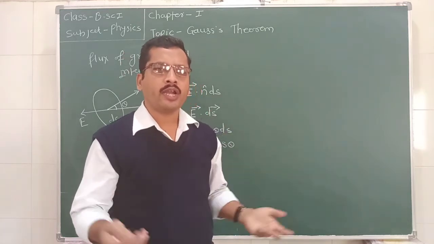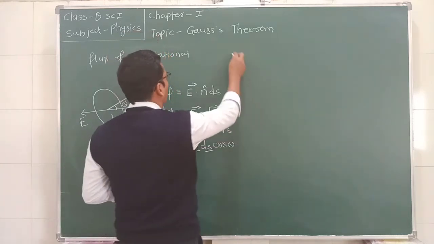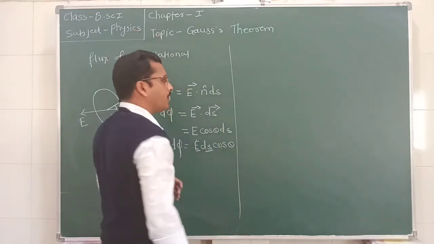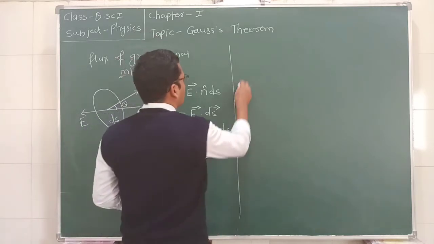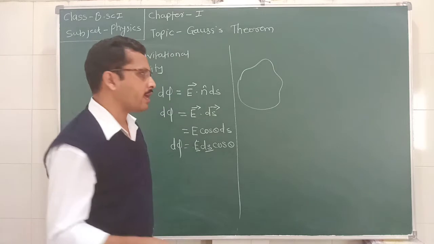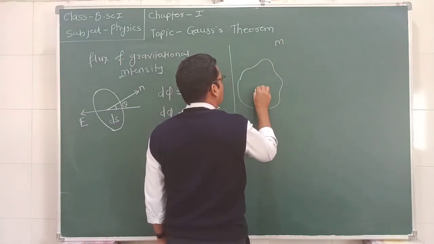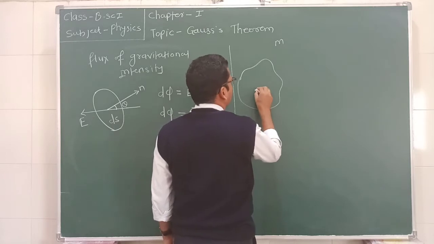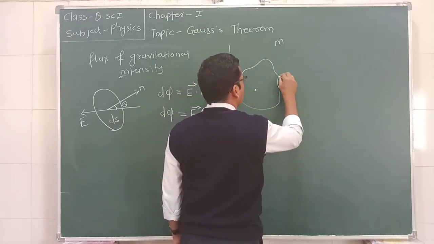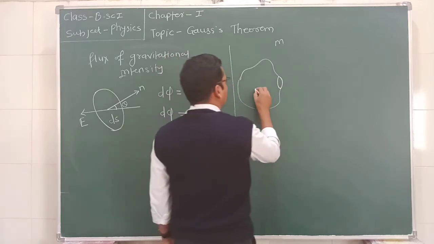Now we are going to verify or prove the Gauss theorem. So how can we prove this equation? For that we need to consider a closed surface of mass m. Consider a particle. This is the surface under consideration.